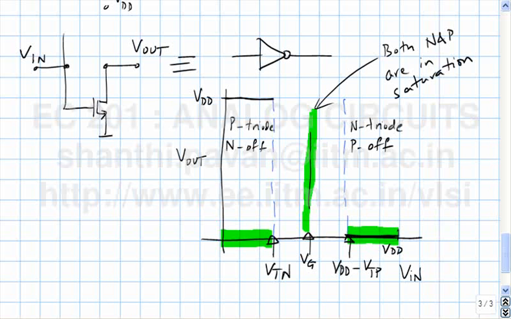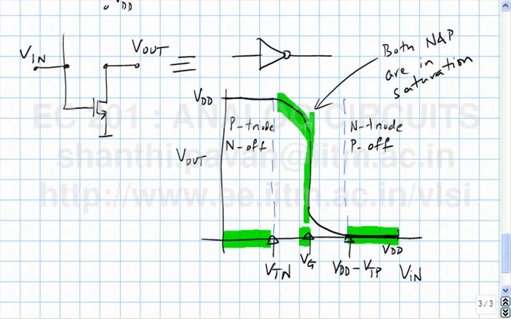So as you keep increasing the input voltage, N was off originally. What is the VDS across the NMOS transistor?